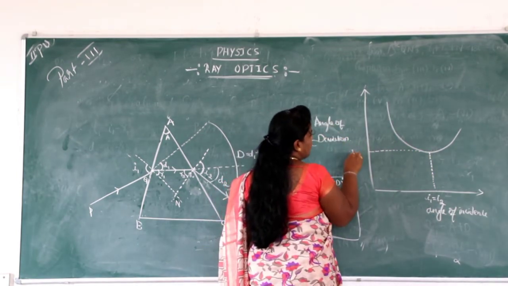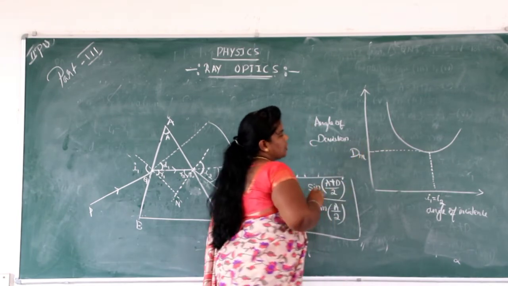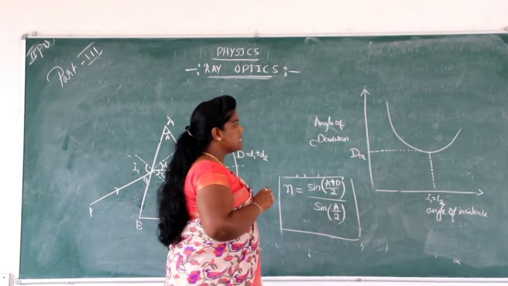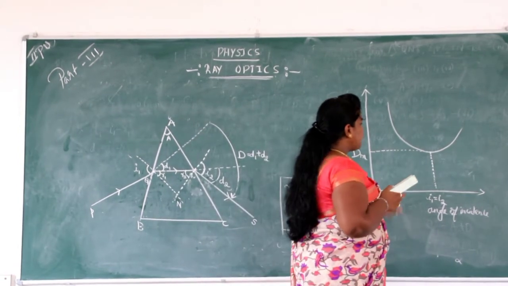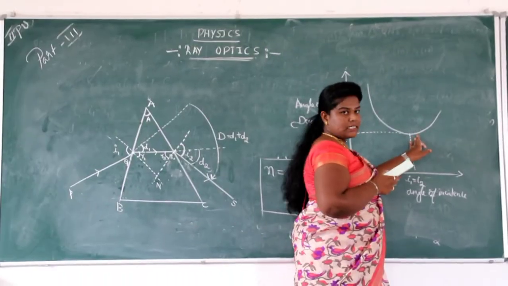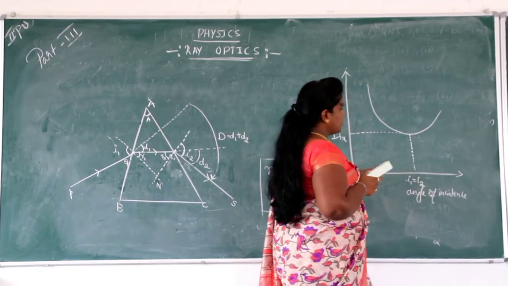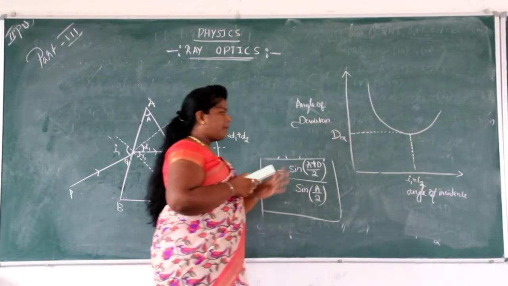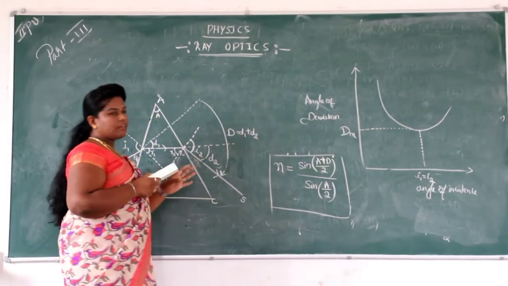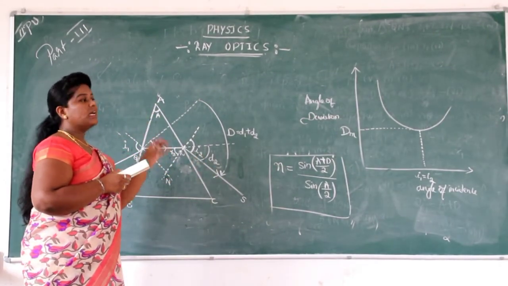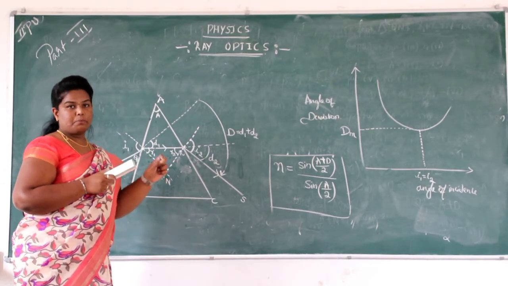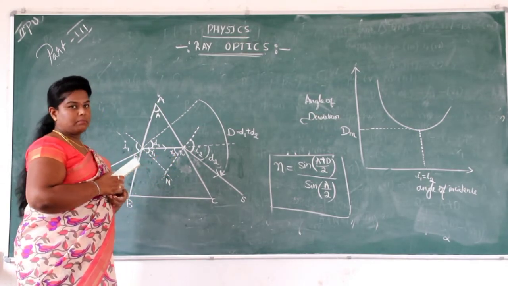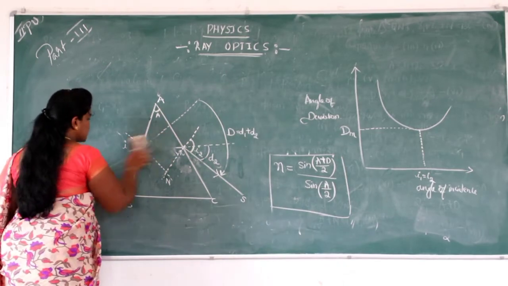That position is called the minimum deviation position. Suppose you increase the angle of incidence further, then the deviation increases. So the point where the angle of incidence equals the angle of emergence is the minimum deviation position produced by the prism. This is about the refractive index of the prism.